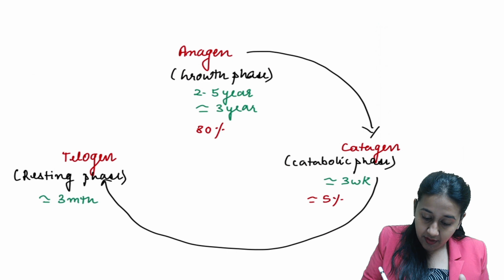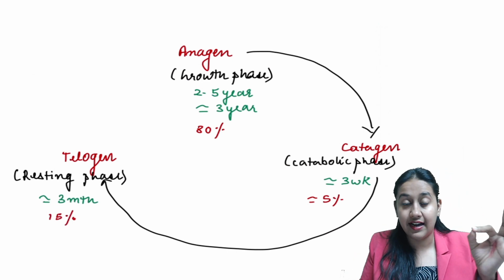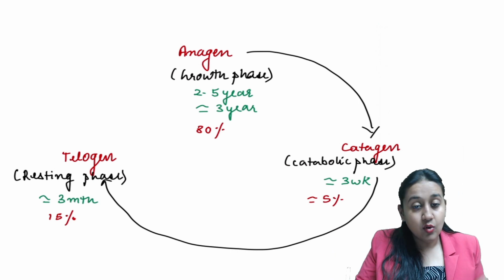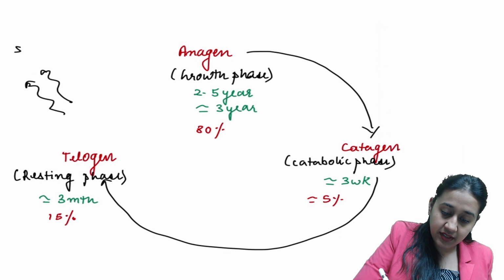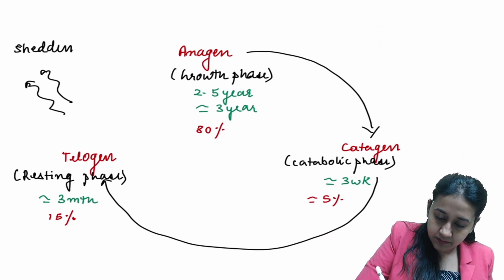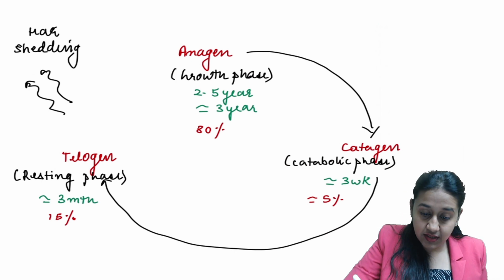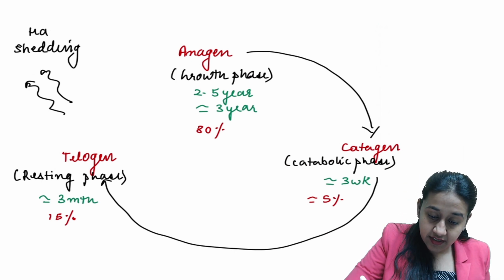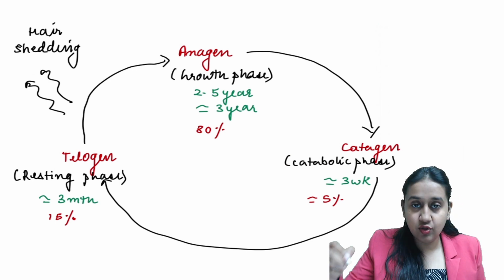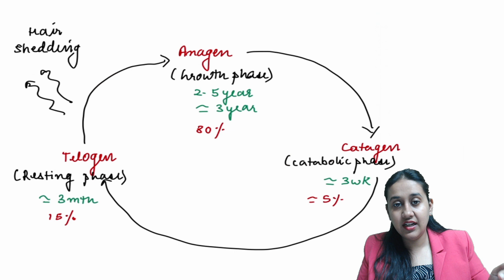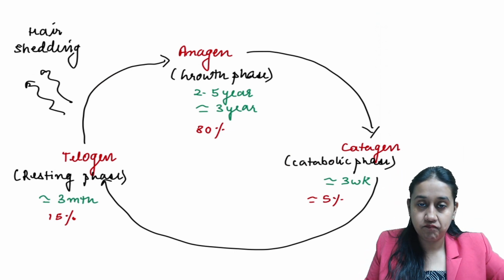And around 15% of the total hairs are in the telogen phase at one point of time. Once the telogen is complete, there will be shedding of the hair and the empty hair follicle enters into the anagen phase again. So anagen, catagen, telogen, the sequence keeps on occurring.